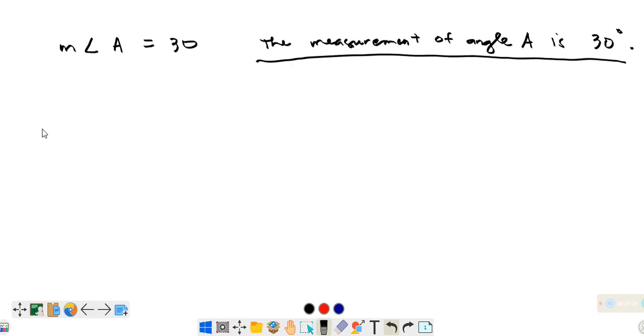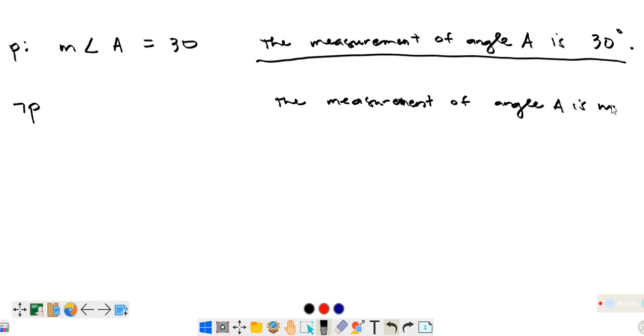Now, if we are going to get the negation of this proposition, halimbawa ito yung P, ang negation niya is the measurement of angle A is not 30 degrees.